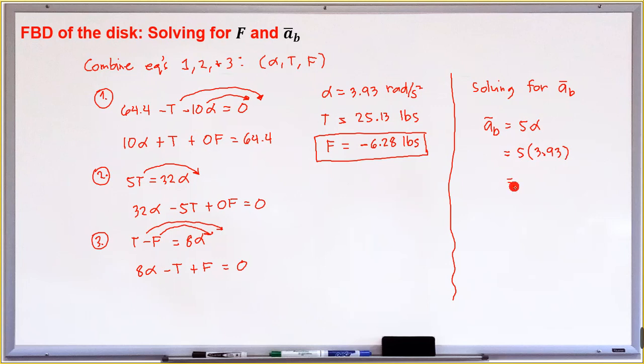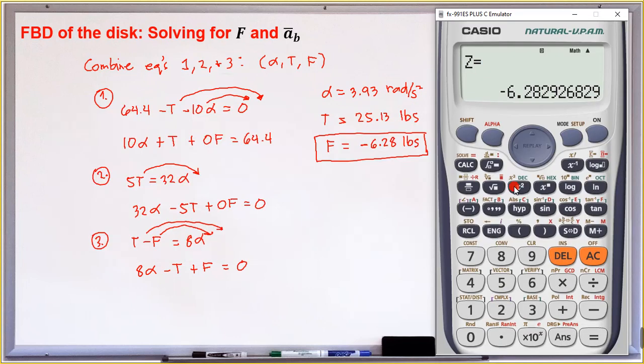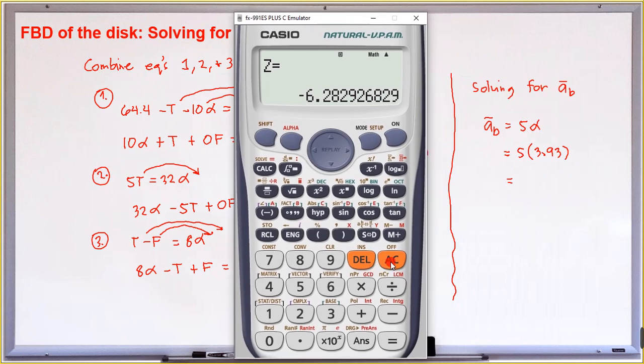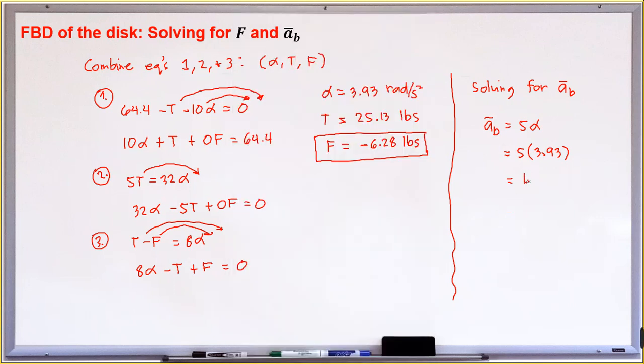So 5 times 3.93, the result is 19.65 feet per second squared. So these are our final answers.